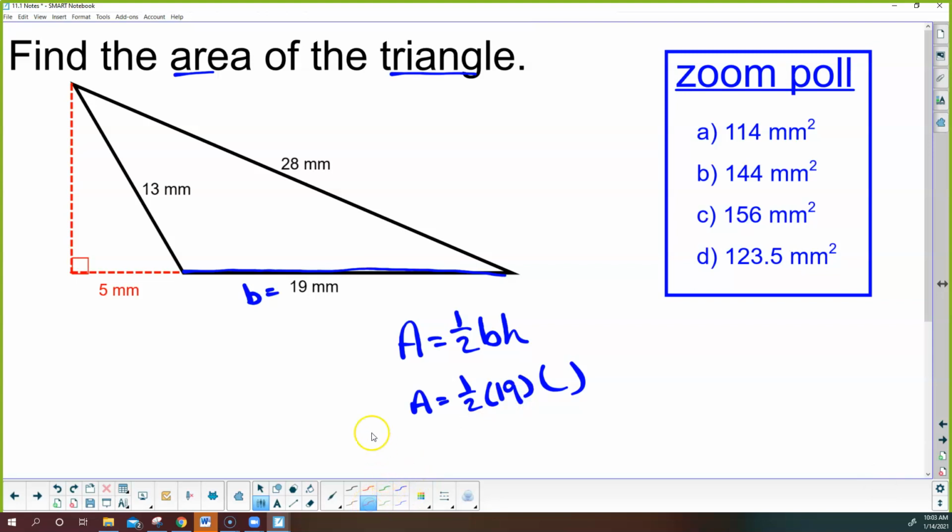So now the question becomes, what is the height? Well, 13 is not the height. The height is the distance from the tallest spot straight down at the perpendicular distance to where the base would be extended. So I need to find h. Well, this forms a right triangle, which means Pythagorean theorem.